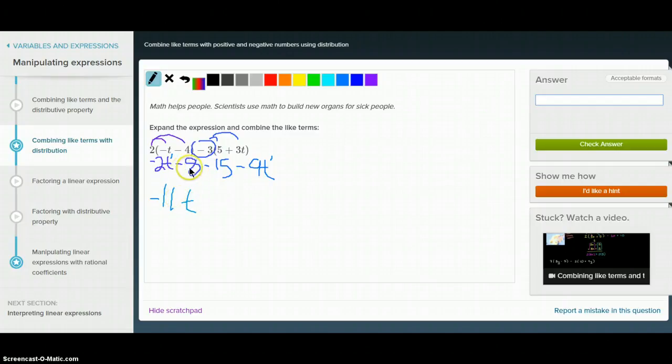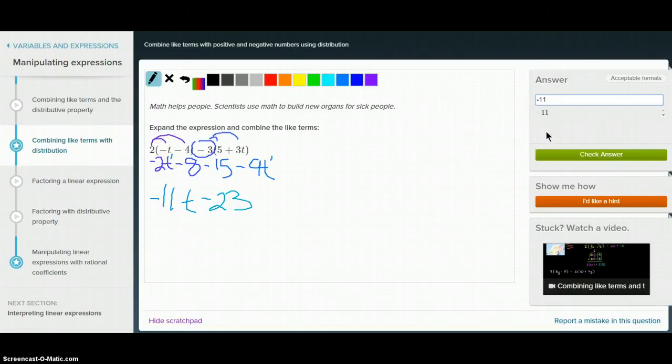And then negative 8 minus 15, that's going to be negative 23. So put that in the answer, negative 11t minus 23.